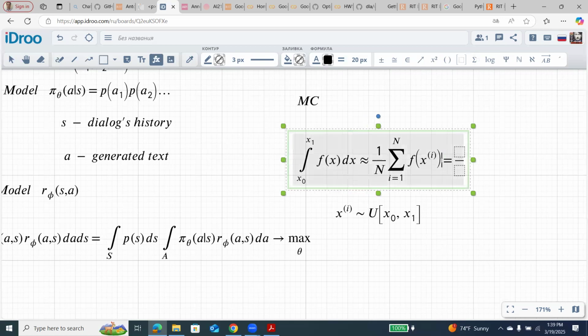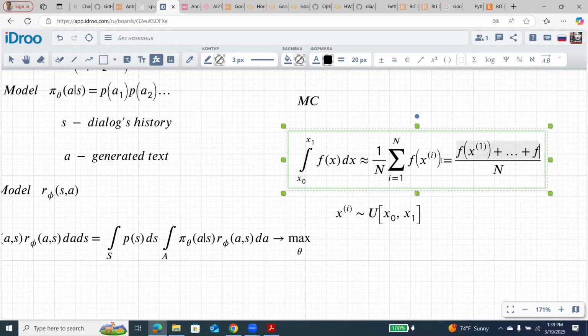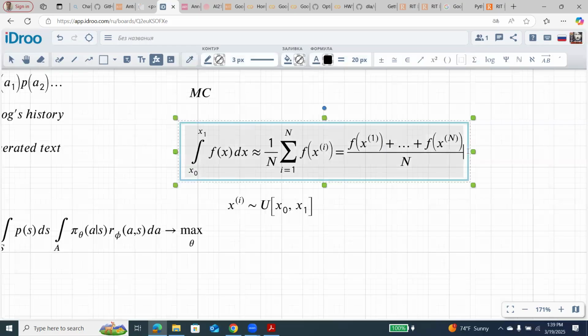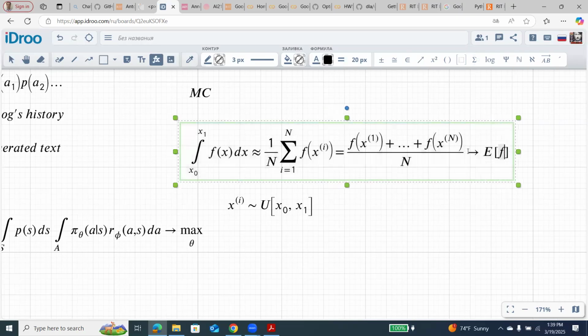It says that if we have the sum of random variables, do you remember where this sum should converge? It should converge to the mean, to the expected value of f.